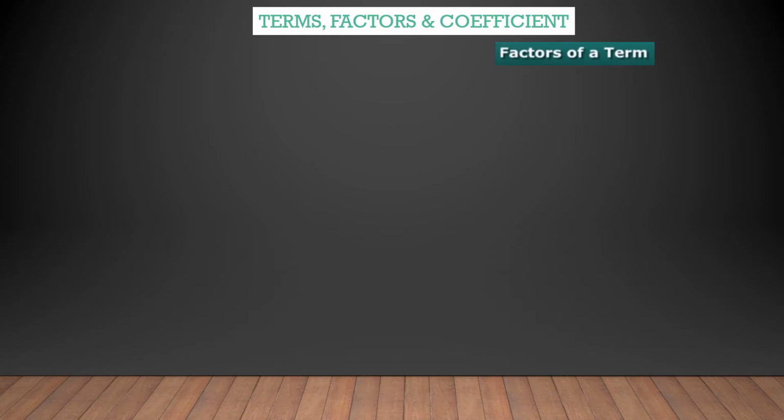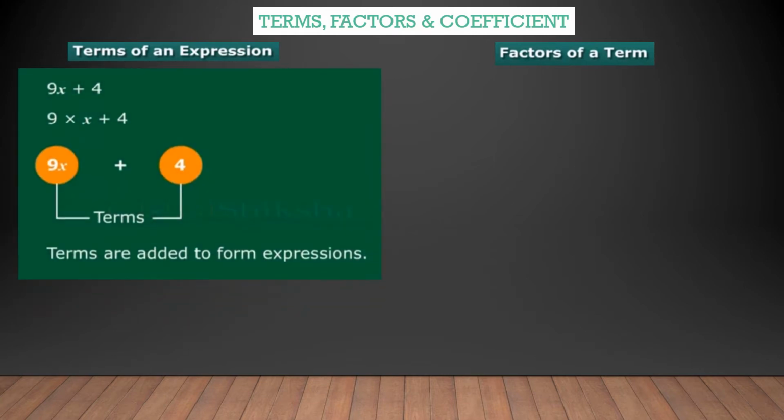Terms, factors, and coefficient. Terms of an expression. In the expression 9x plus 4, 9 is multiplied with the variable x and added to another constant 4. Thus, 9x is the first term of the expression and 4 is the second term.